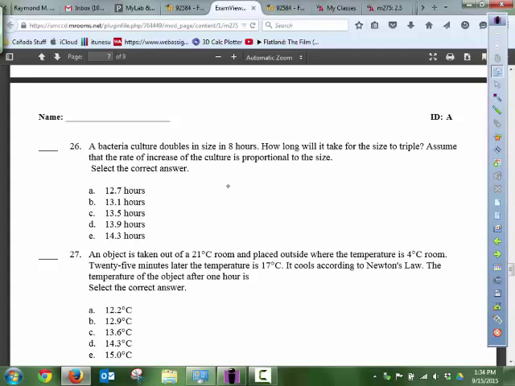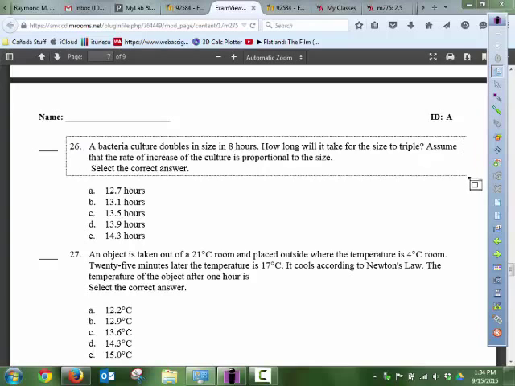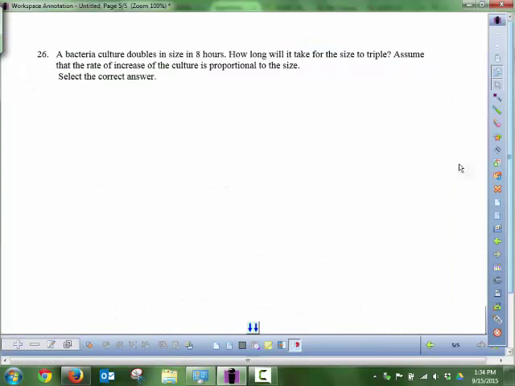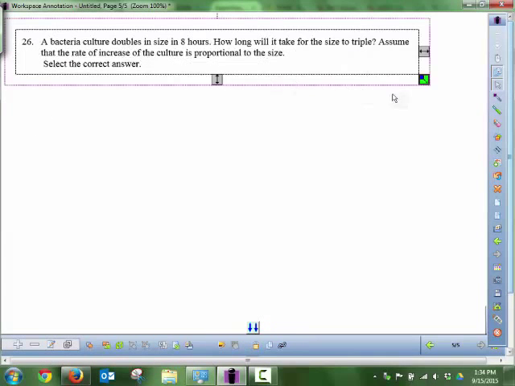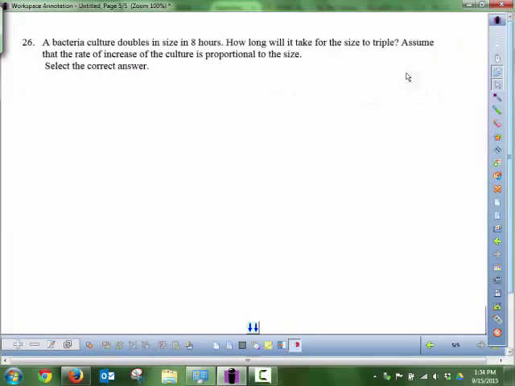This seems to be a simple one. Let's do it anyway. So the idea is that it's a modeling problem. What you need to do is be able to look at the words and translate the words into a differential equation, and then eventually be able to solve for it. So bacteria doubles in size in 8 hours.